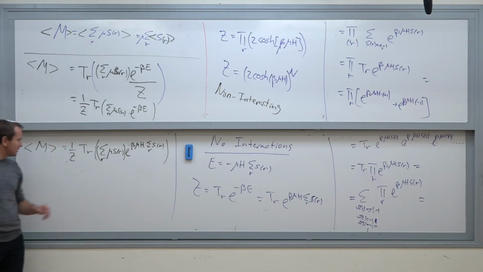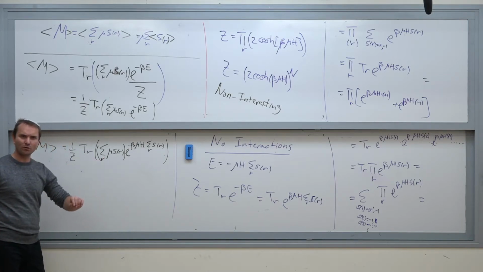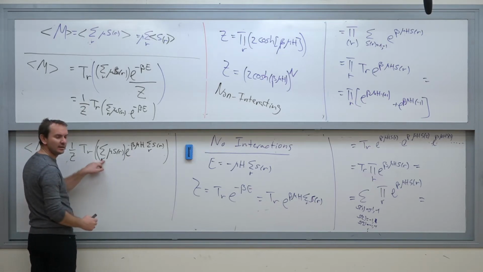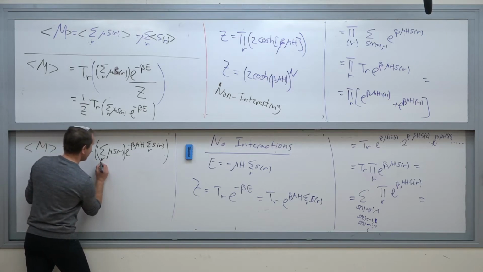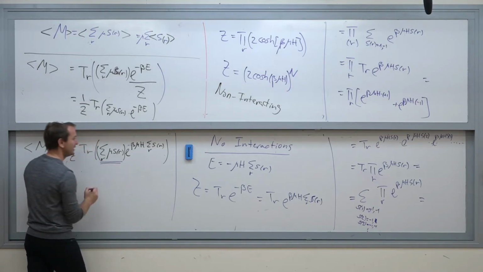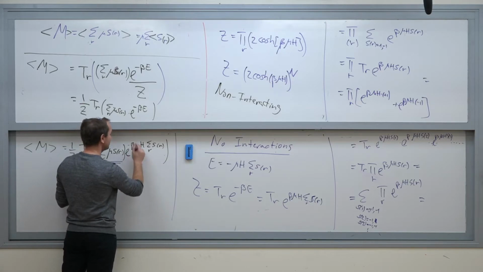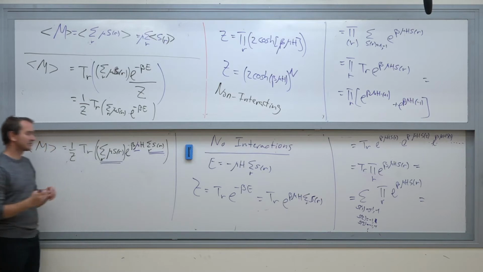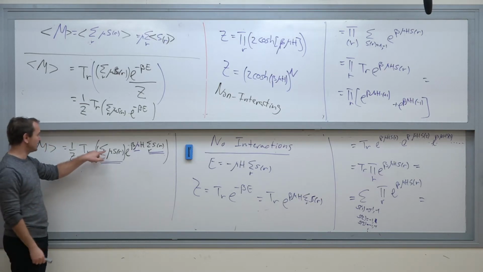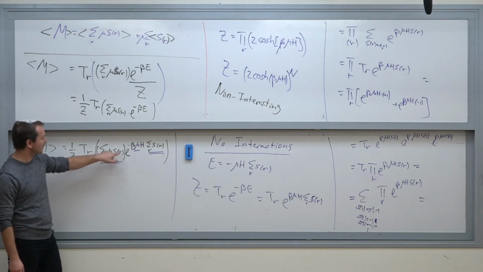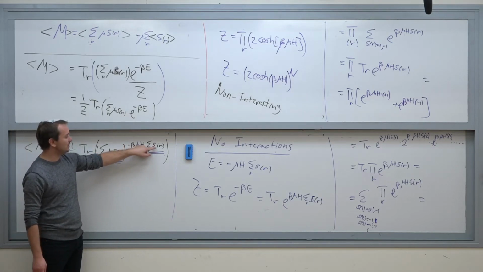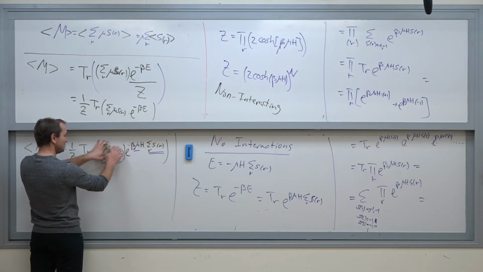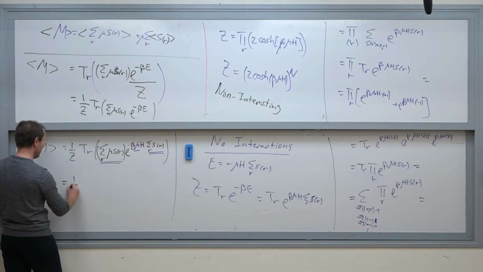Now, look at this. This is the usual technique of the partition function. We have something multiplied by the Boltzmann factor. This is a sum of mu multiplied by s_r, and here I have mu, a sum over s_r.